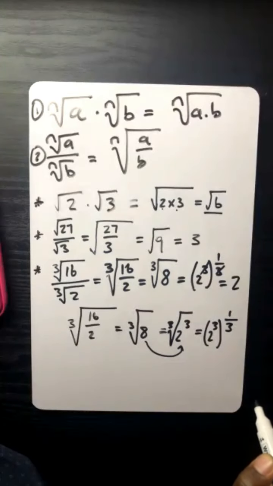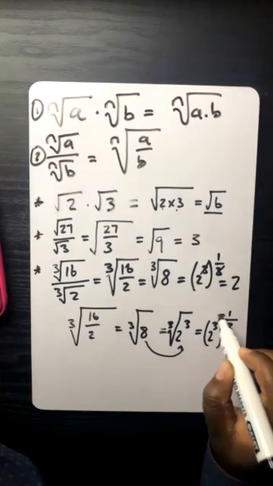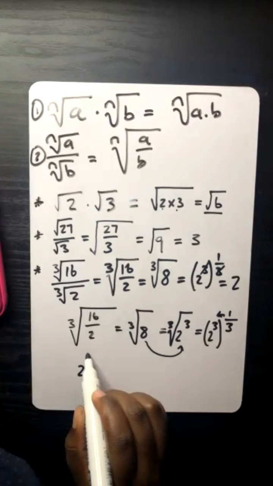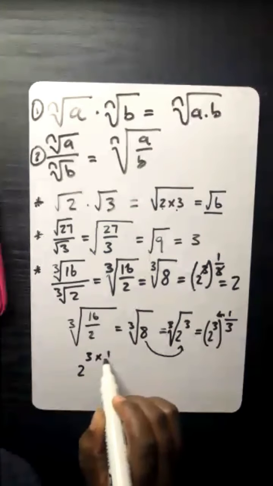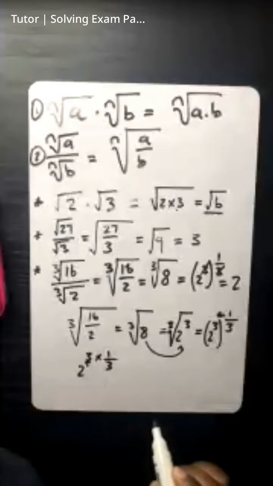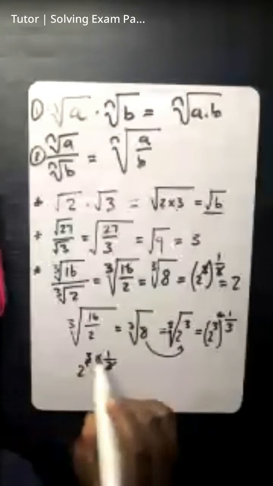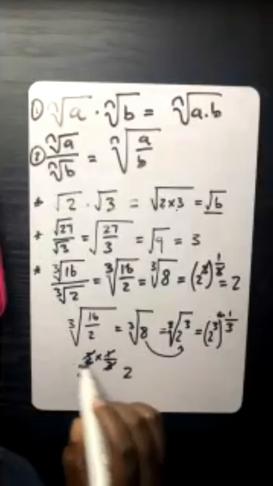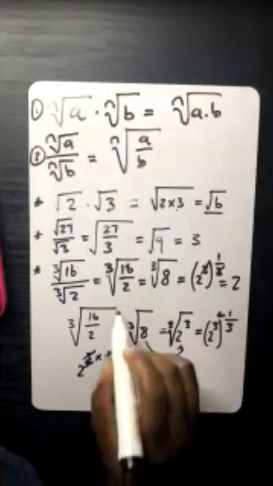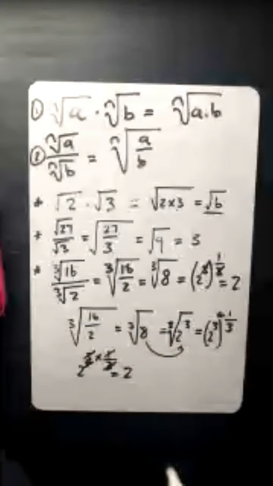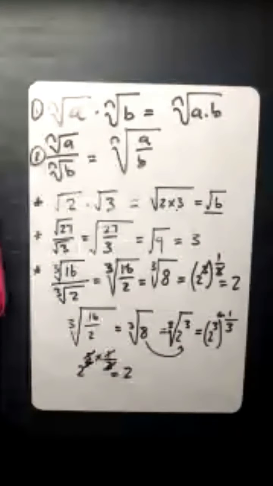So you now multiply the exponents. So it's more like you've got 2 to the exponent 3 multiplied by 1 over 3. So 3 is the same as 3 over 1. That cancels, then you just remain with that 2. So that means if you punch the whole of this on a calculator, it should give you 2. So I'm not sure if it makes sense for everyone.